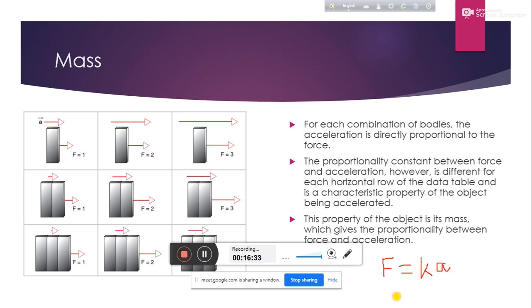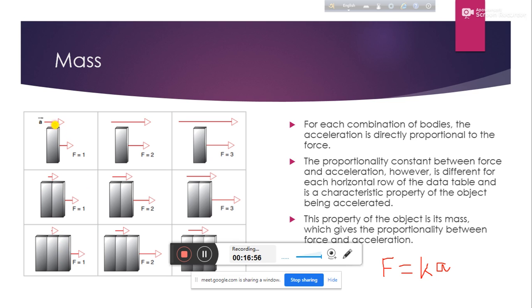Okay. Now, if you look at this chart, in the downward direction, what is changing? The constant of proportionality is changing, and that is nothing but mass changing. So the constant of proportionality changes.